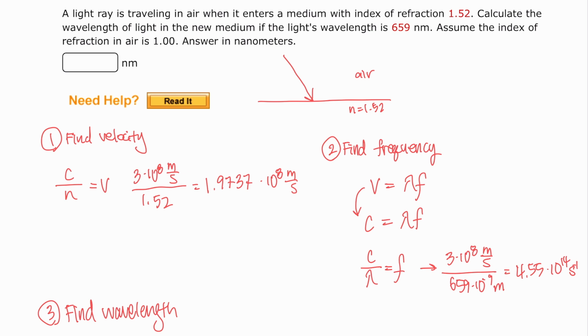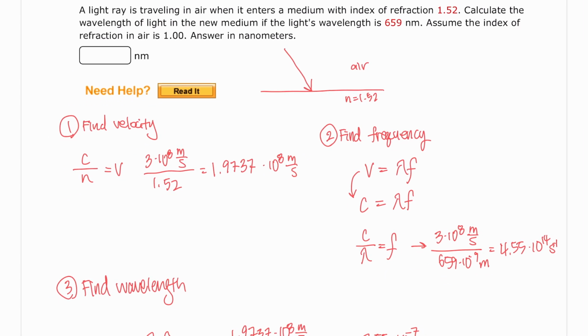So since frequency is always going to be the same, we can find the frequency when the light is in a vacuum. I would use this equation because c is the speed of light: c equals lambda times the frequency, and this lambda corresponds to the light's wavelength.